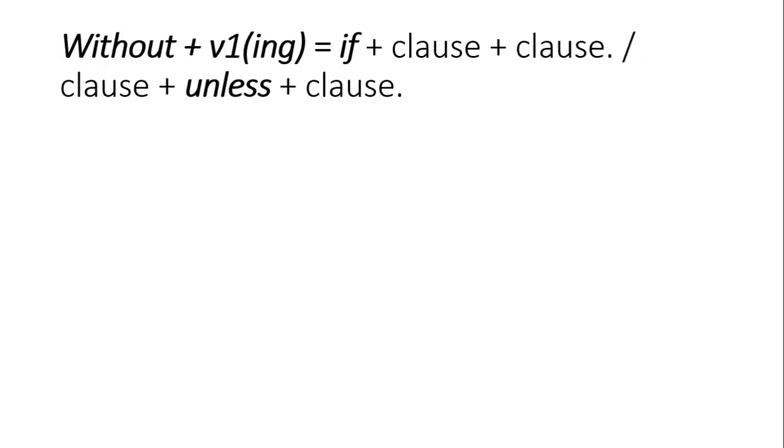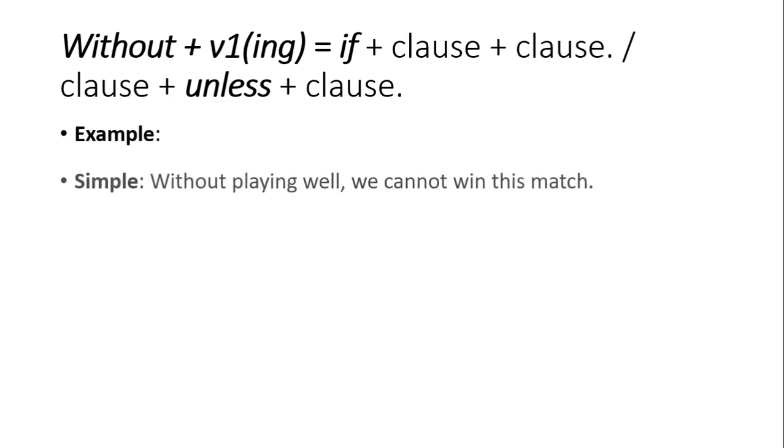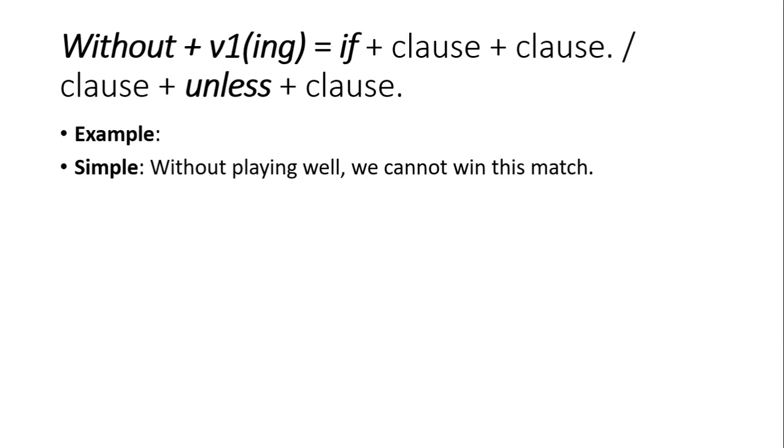So if we have without plus verb plus ing in our simple sentence, then we have to follow these structures: if plus clause, or clause plus unless plus clause. So here you have an example. Without playing well, we cannot win this match.